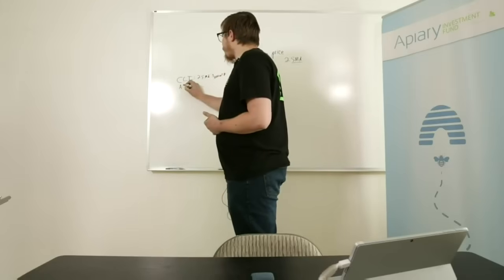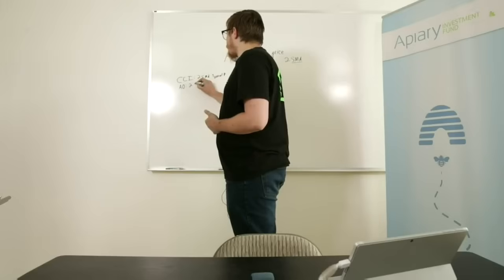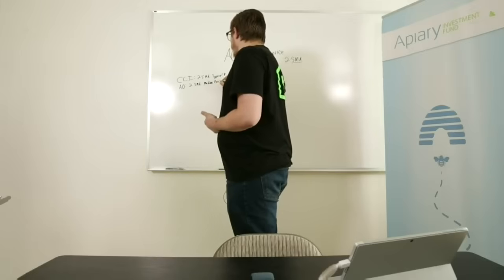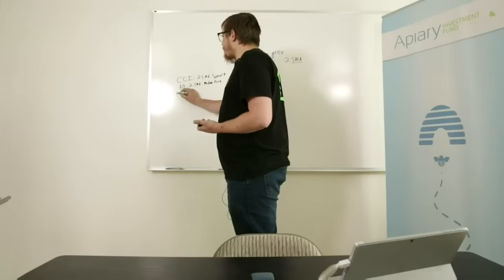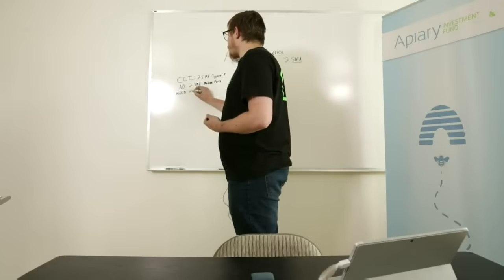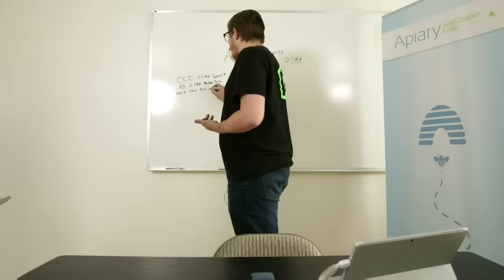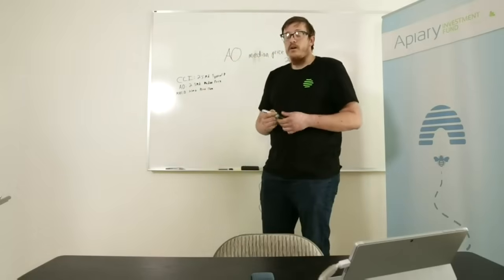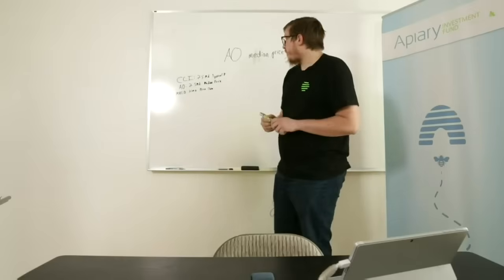The Awesome Oscillator takes two simple moving averages off of median price. The MACD takes two simple moving averages, typically off of price close. And so most of the majorly used indicators are taking just simple moving averages.